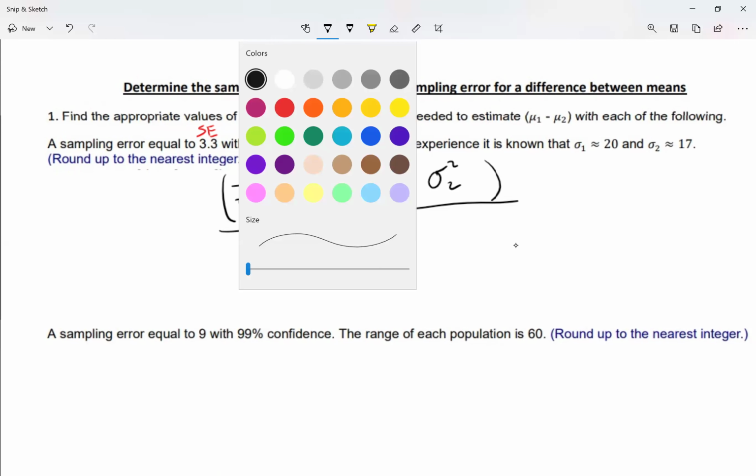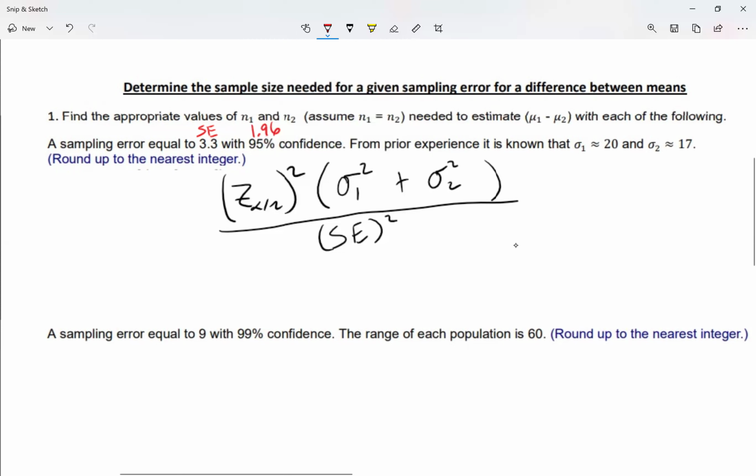Okay, so looking at our numbers, how am I going to do this? What am I going to type on my calculator? I'm going to go 1.96 squared times, and I'm going to open a parenthesis in here. I'm going to have 20 squared plus 17 squared. Make sure you have that parenthesis for the plus though.